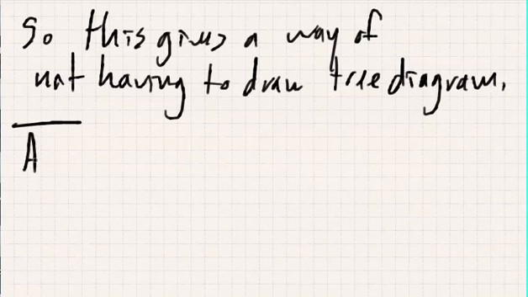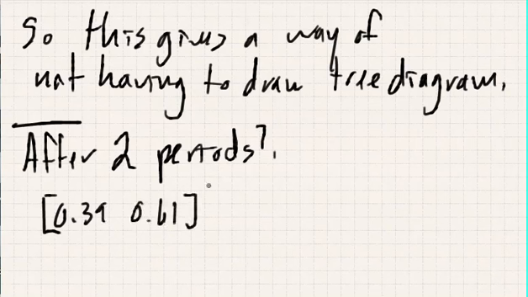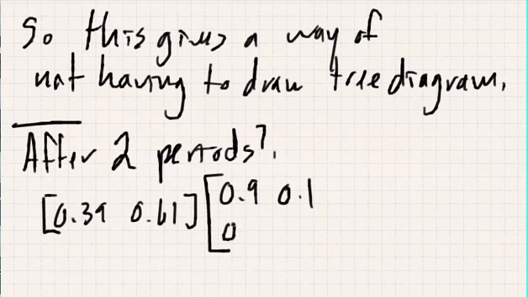What about after 2 periods of contracts switching? Well, we can start with the result from 1 period of contract switching, and again multiply it against the transition matrix. 0.9, 0.1, 0.05, and 0.95.